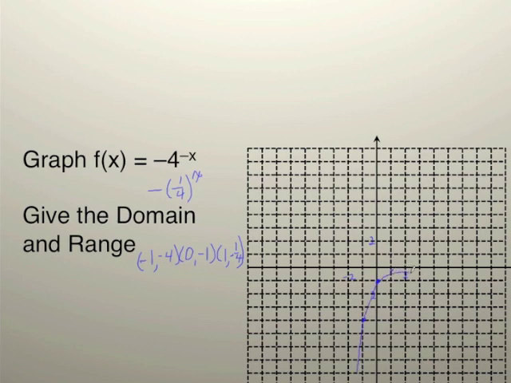So this exponential function, because it's reflected across the x-axis, will look like that. Remember, we do draw our graphs almost all the way across. And the domain is still negative infinity to infinity. And the range this time, because it's reflected, will start with negative infinity. And the x-axis is my horizontal asymptote, so y equals 0.